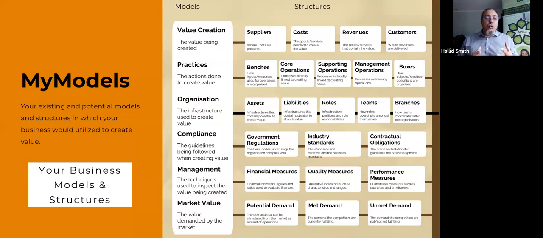When you go through the model, initially it takes a little bit of time, but you're effectively going to break down your business into little blocks, little pieces that you can measure and track. And that is what we want. We want to take what is in your mind and break it down into little pieces that we can track, measure, and analyze. And that takes a bit of time.